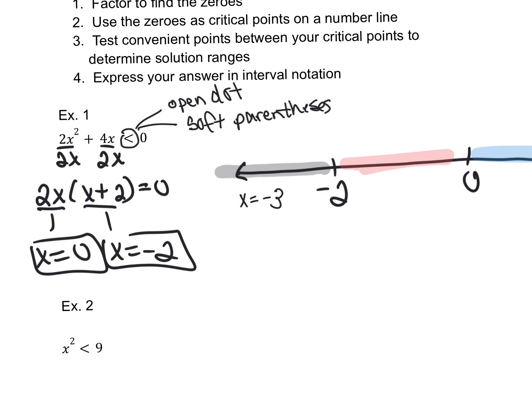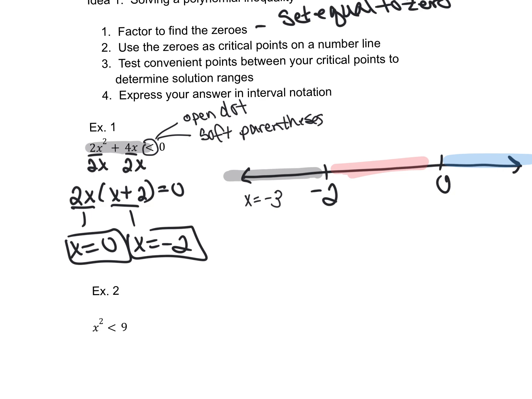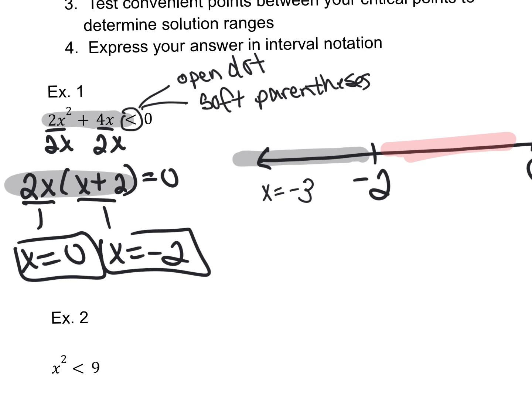It doesn't really matter. I'll go back to the original one here. So I'm going to say 2 times -3 squared plus 4 times -3 is less than 0.